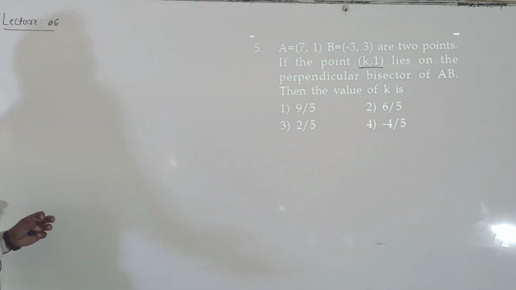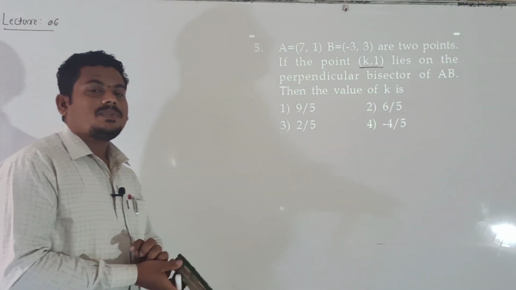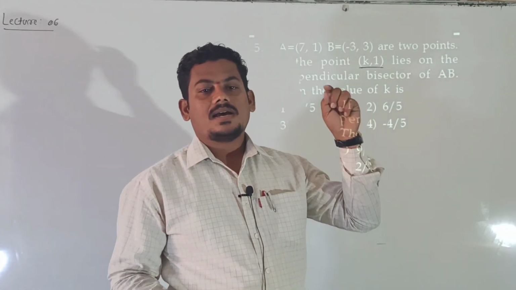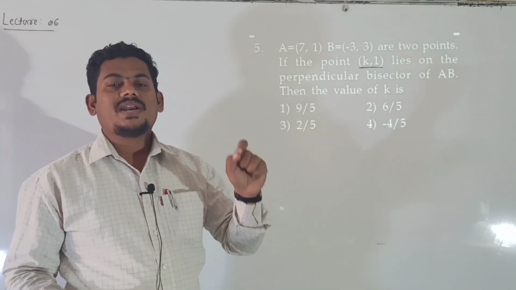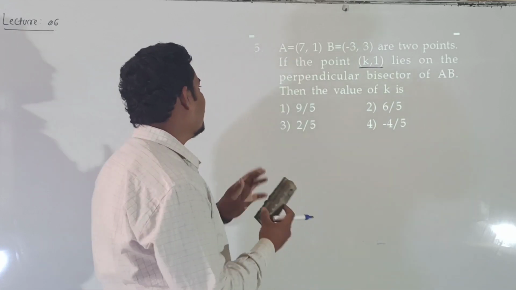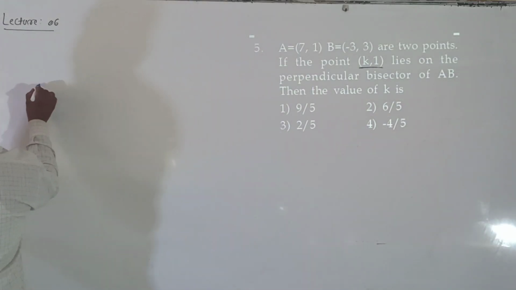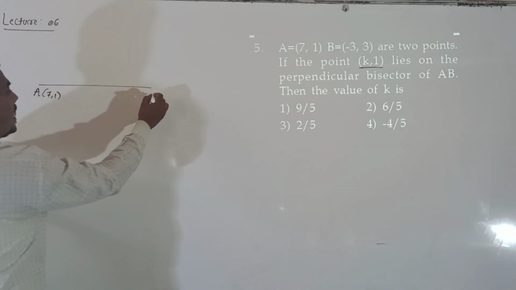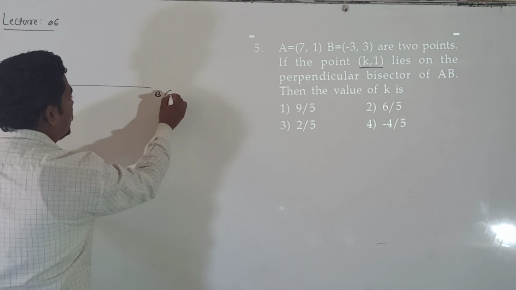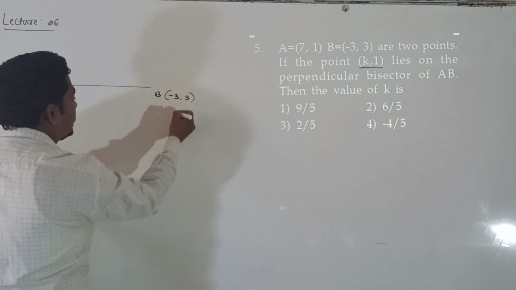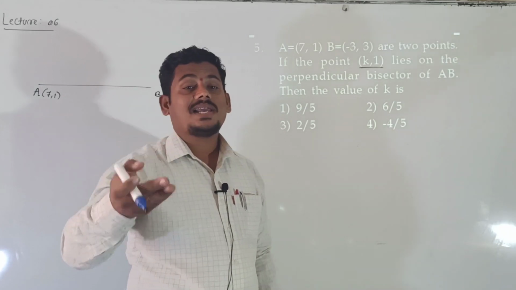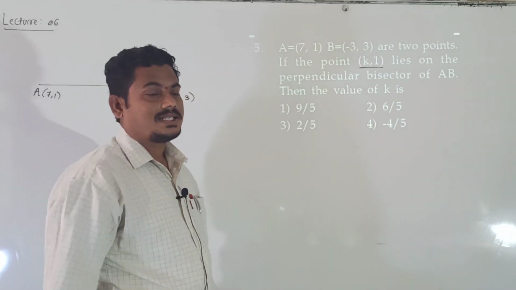What is the given condition? One of the points, k comma 1, lies on the perpendicular bisector of the line joining these two points. Point A whose coordinates are 7 comma 1 and point B whose coordinates are minus 3 comma 3. And one more point k comma 1 lies on a perpendicular bisector.